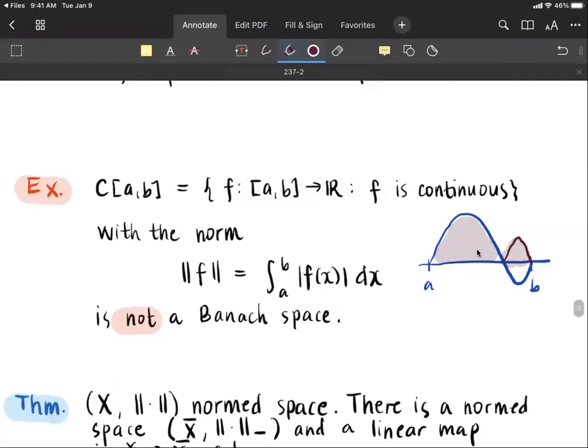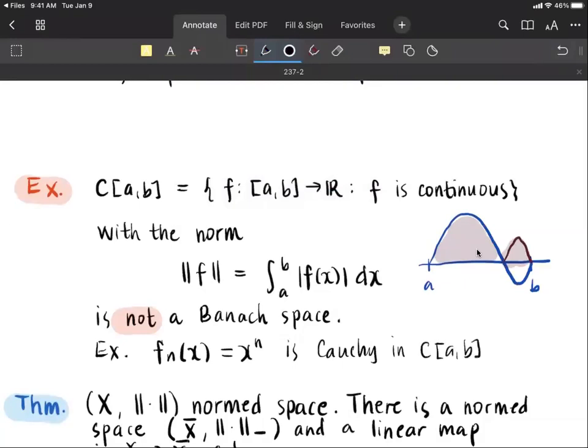This is not a Banach space. Why? I'll give you an example of a Cauchy sequence that will not converge to that space. Let's consider the sequence of functions. This is Cauchy in the space, but it is not convergent.